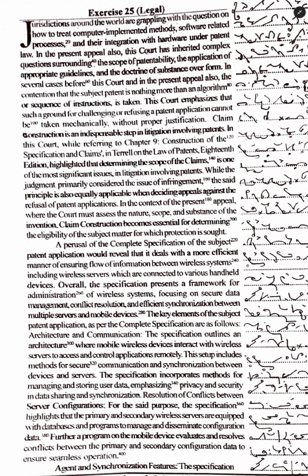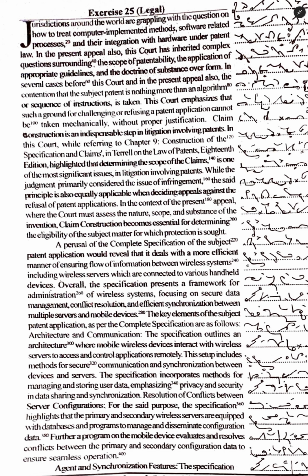This setup includes methods for secure communication and synchronization between devices and servers. The specification incorporates methods for managing and storing user data, emphasizing privacy and security in data sharing and synchronization.